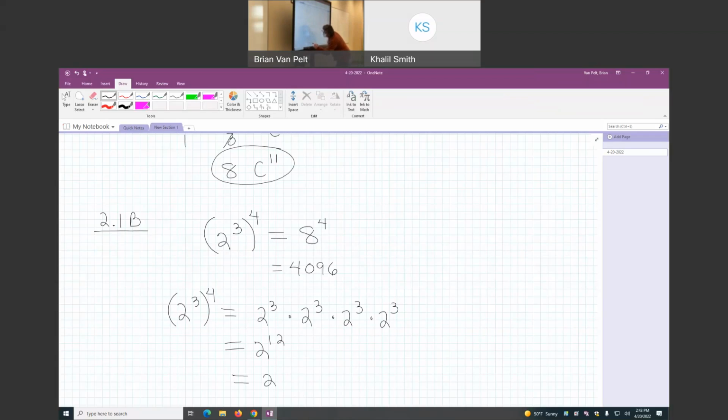This is also equal to 2 to the 3 times 4. In fact, there were 4 things up there, weren't there?